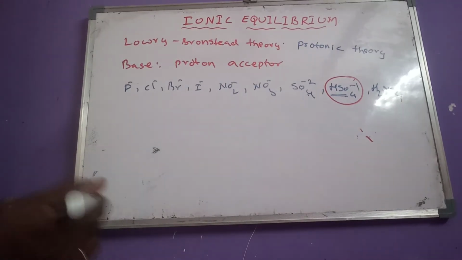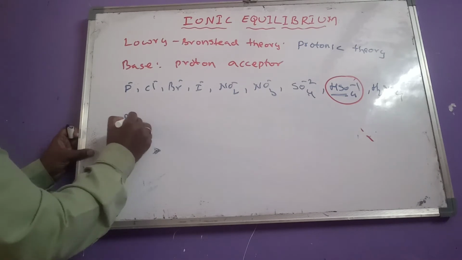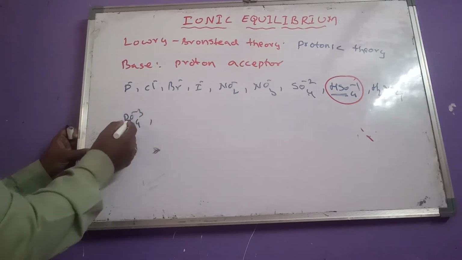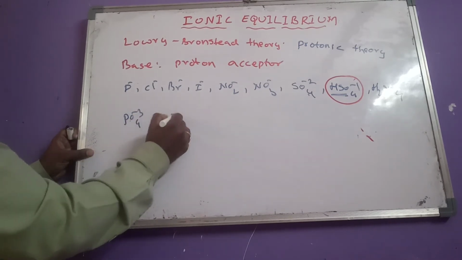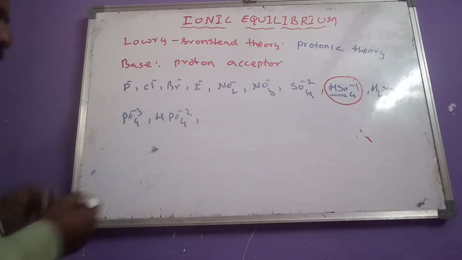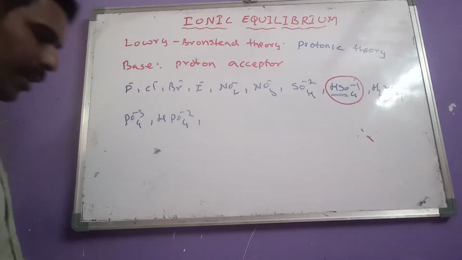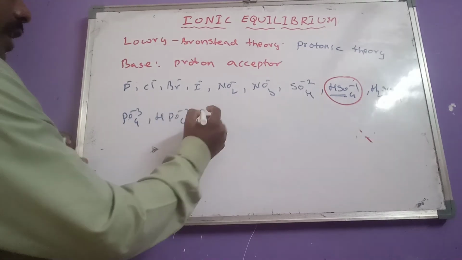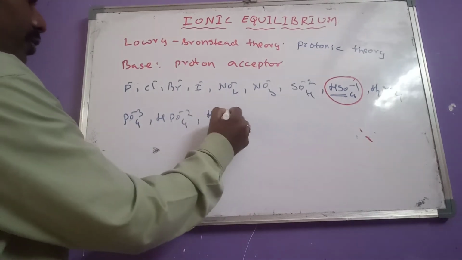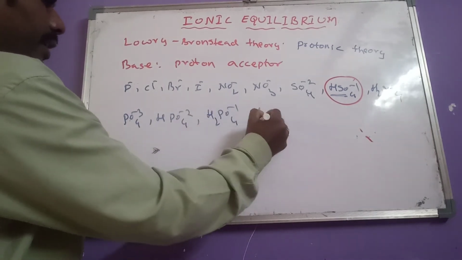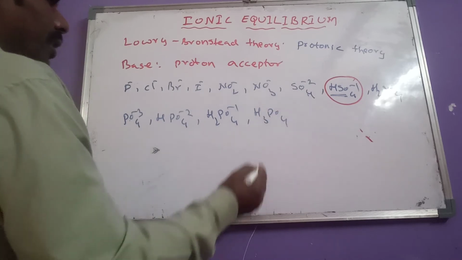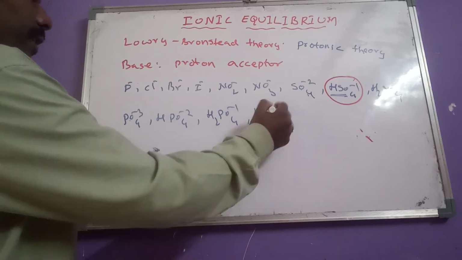And another one here. Next, PO4 minus 3. By accepting a proton, we can get HPO4 minus 2. And then this can also accept a proton and form H2PO4 minus, and then H3PO4. But H3PO4 does not accept a proton.